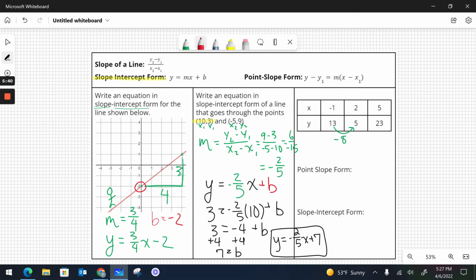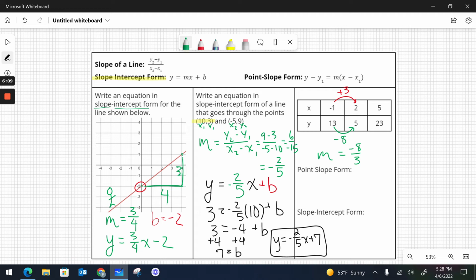And then the change in the x values, 2 minus negative 1 is positive 3. I just did this in my head, but you can also write out those steps. So I know that the slope is change in y, which is negative 8, over change in x, which is positive 3. So negative 8 thirds.